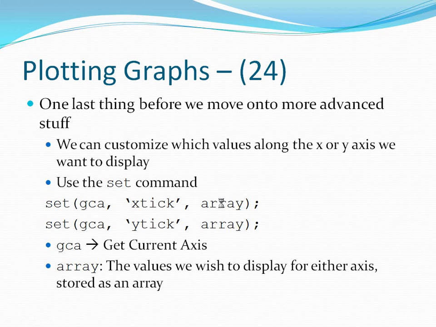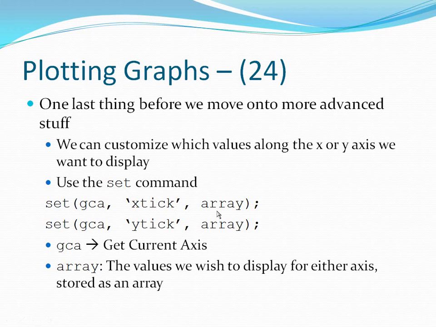If you want to show exactly what the x values and the y values are, you use the set command. So you do set bracket and then get current axis, and then the string tells you which property of the figure that you want to modify, which is the x-axis, and then you specify an array of values that you want the x values to appear.